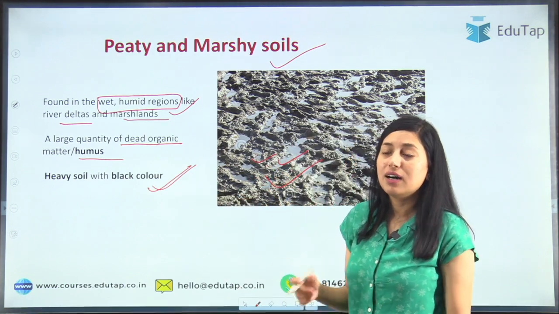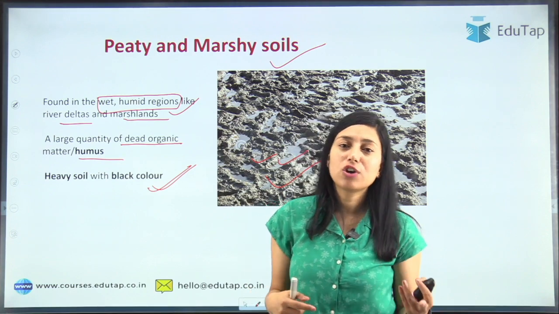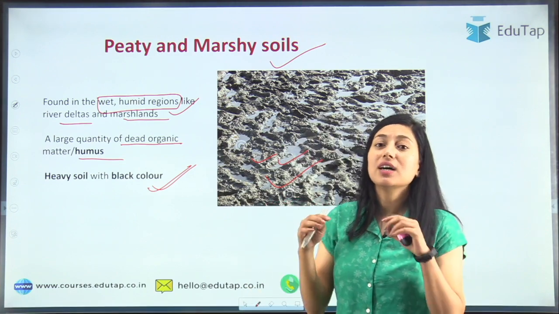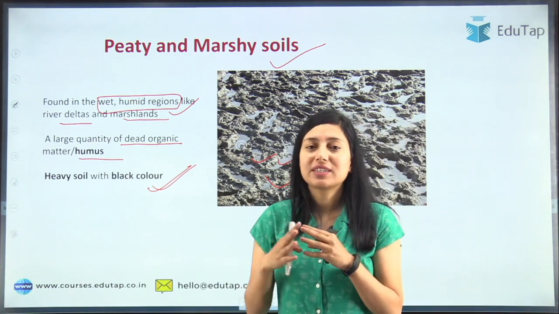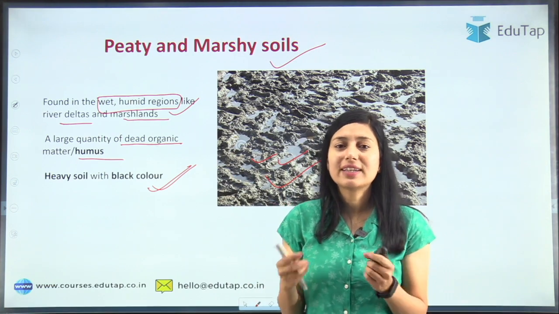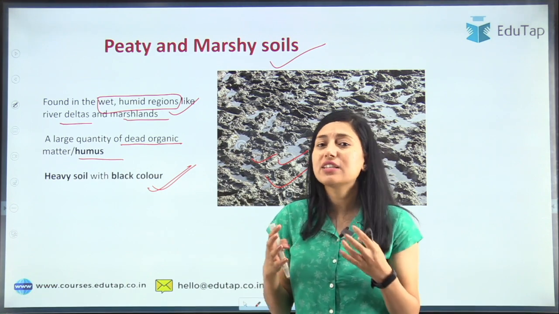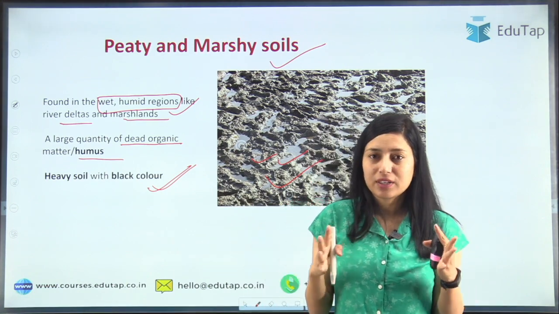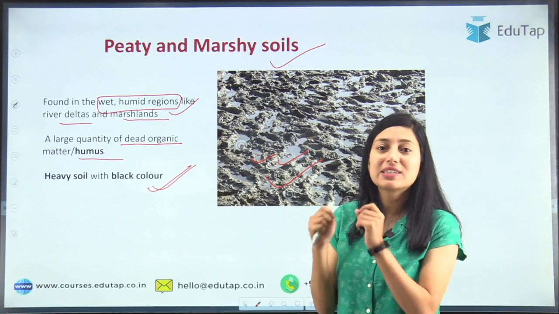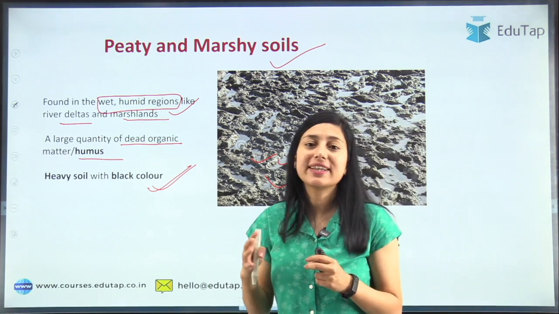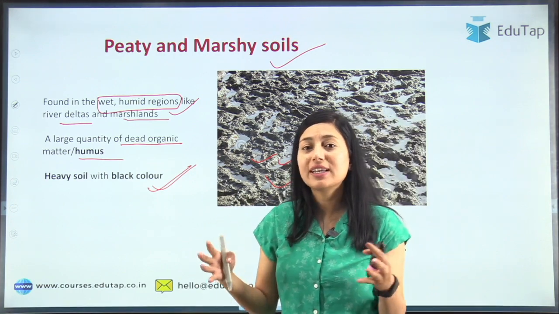Because, students, we say heavy soil or light soil in terms of the easiness of tillage operation. Like in light soil, in your sandy soil, tillage operation can be done easily. There is no obstruction to the tillage. But in heavy soils, like clay, tillage operation is not easily performed, because the soil is heavy.